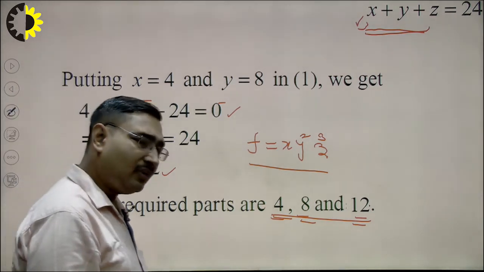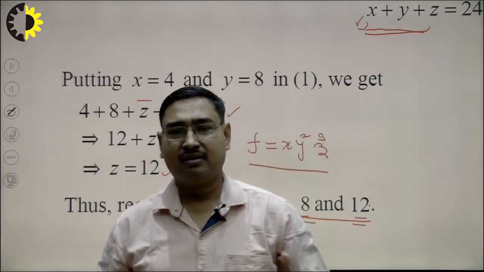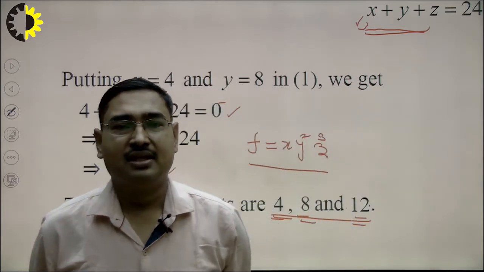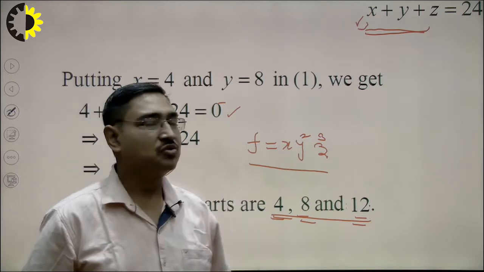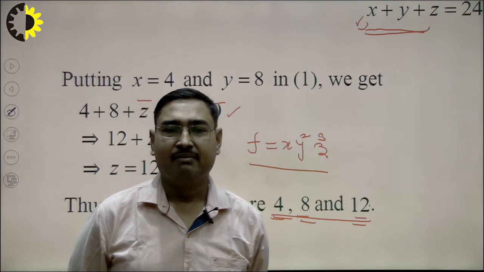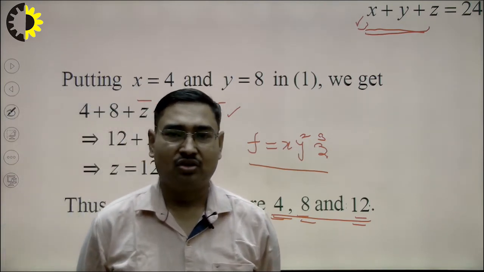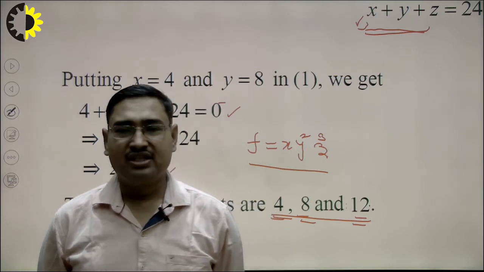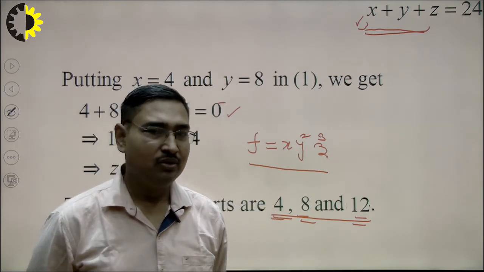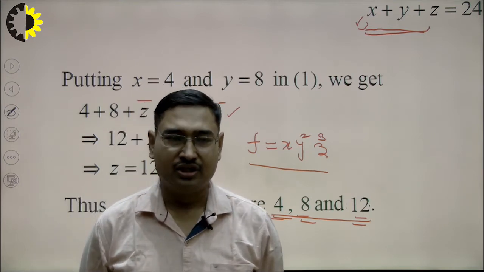Thus what is done? We were given that the sum of 3 numbers is 24. Find the numbers if this product x y square z cube is maximum. First of all, the quantity which is given fixed or constant will be used to construct phi. The quantity which is to be extremized will be used to construct f. Then we shall write Lagrange equations.